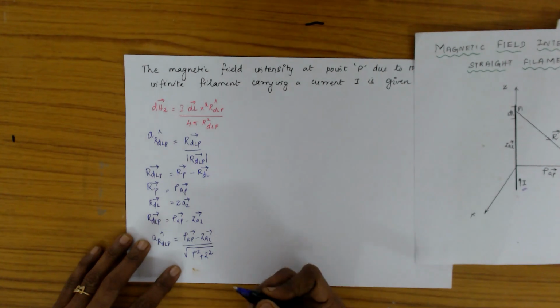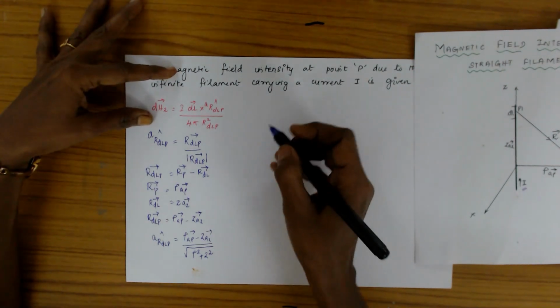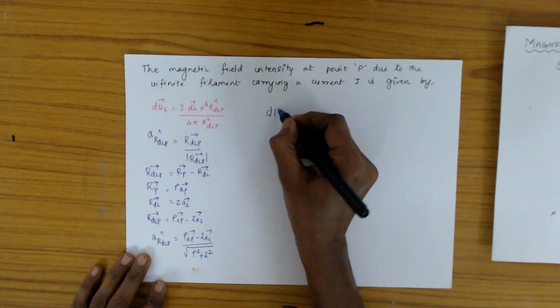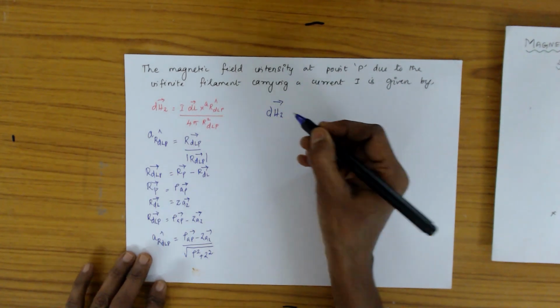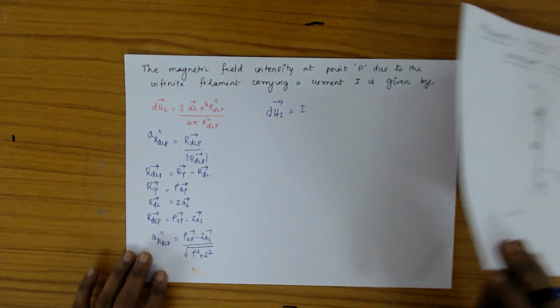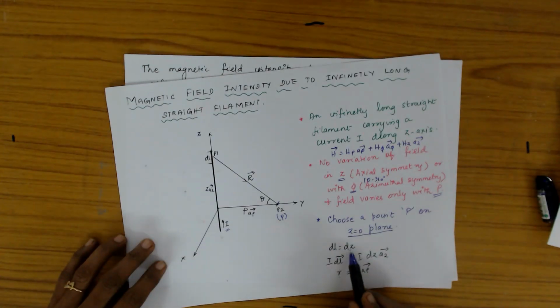Now substituting these values in the dH component, we can write dHz equals I dl. We have written dl as dz.